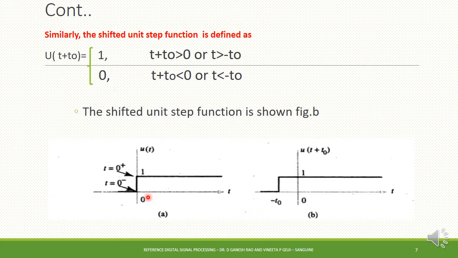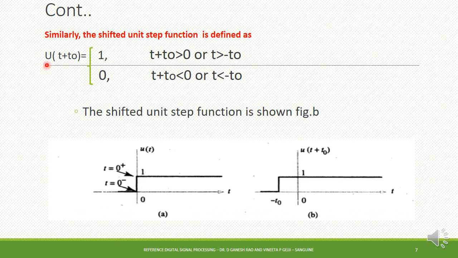Now let us see what happens in the time shifting function. What happens when you apply a shift to this unit step function? Similarly, the shifted unit step function is defined as, already we studied the time shifting.